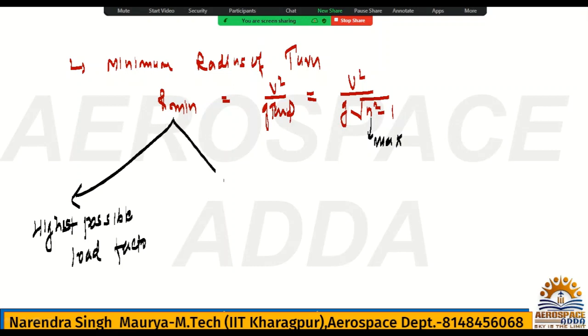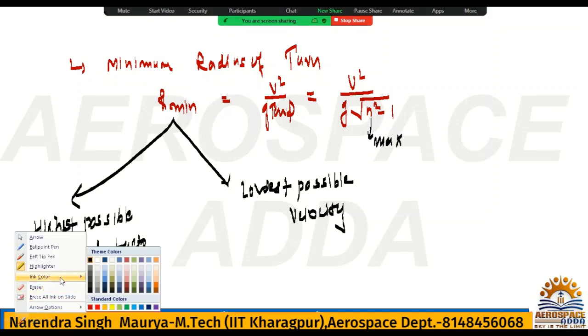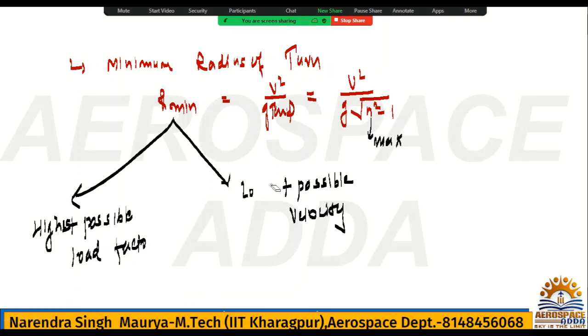What is the second thing? If r is minimum, check that velocity is directly proportional, so this should have the lowest possible velocity. Agree with this? This should be very clear, yes or no? Lowest possible velocity and highest possible load factor.